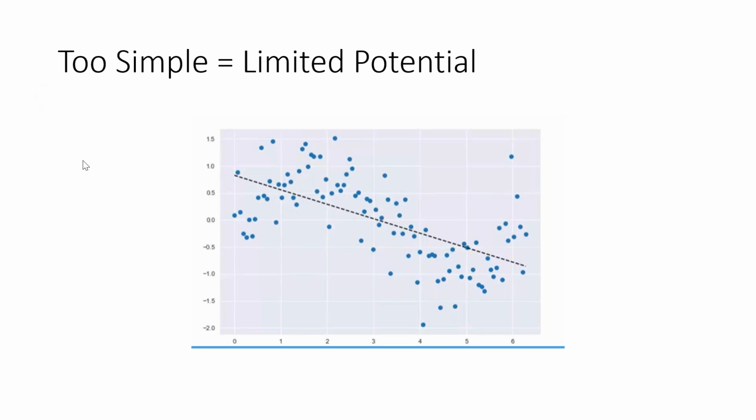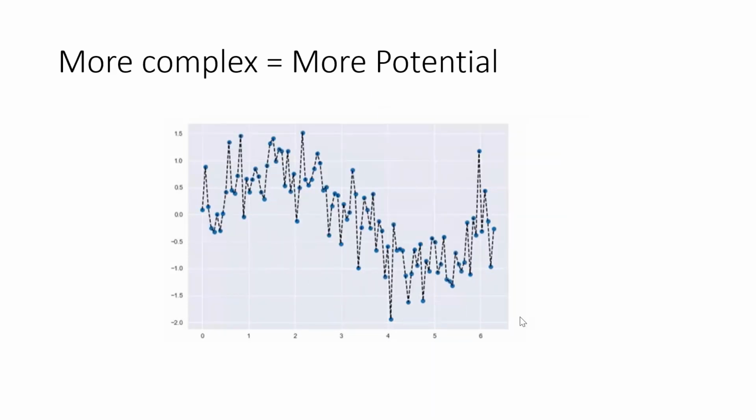Okay. So what we are saying is that too simple kinds of models have limited potential. We used a simple linear regression model to understand this data. Then no matter how much data you give and train, it will only understand the data as straight slanted lines, nothing beyond that, because that is the inherent flexibility of that algorithm to learn data. So too simple means limited potential, but make it more complex and you have more potential.